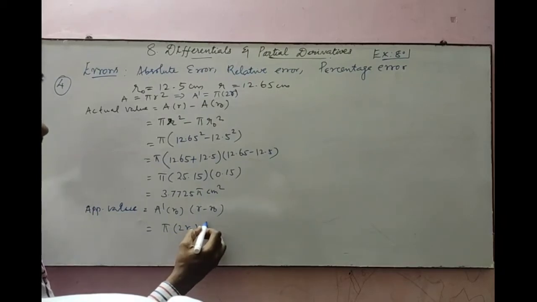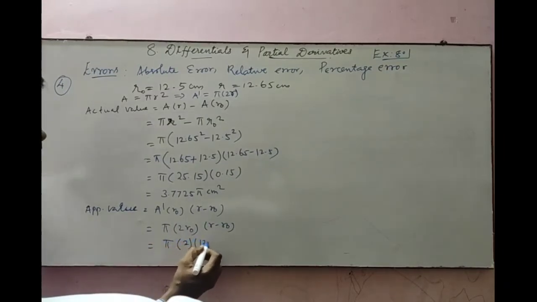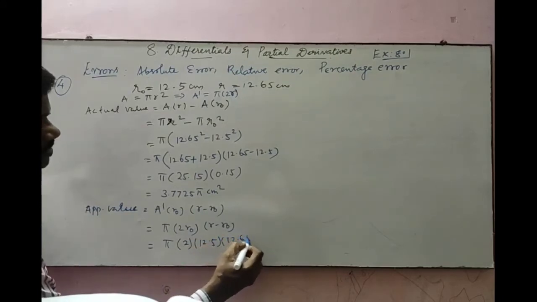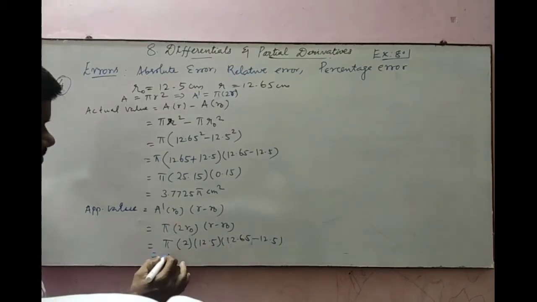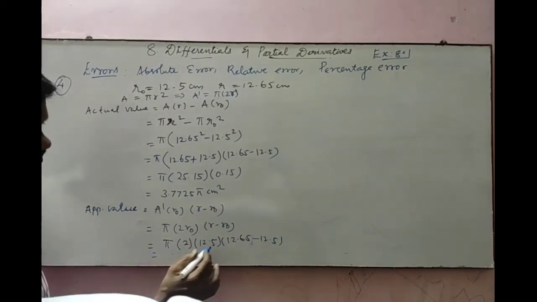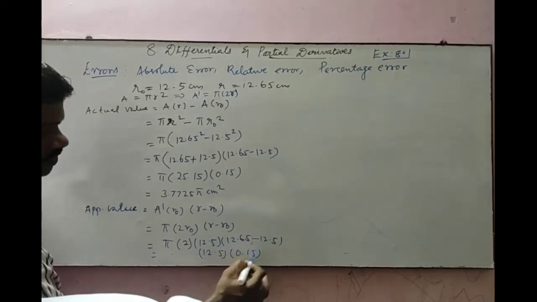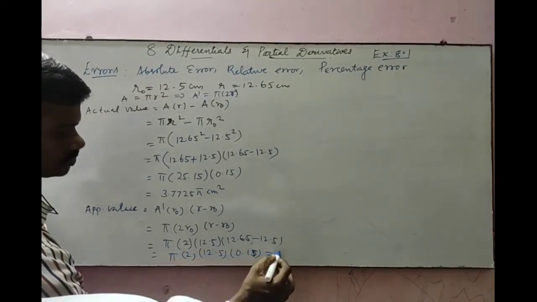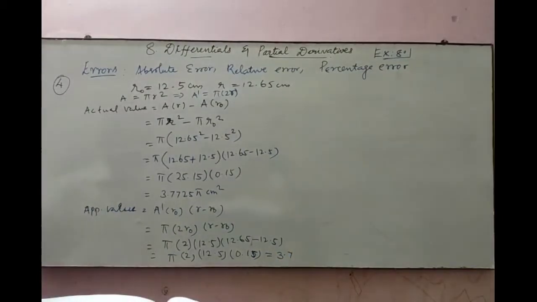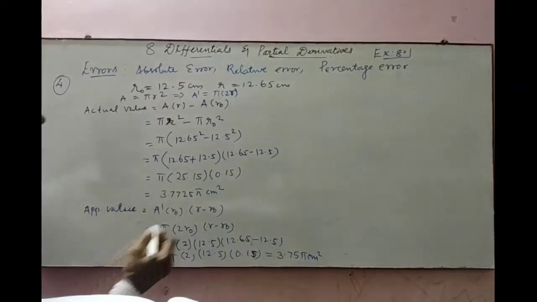Then R minus R0 is dR. So substitute the value of R0 as 2 into 12.5 into 12.65 minus 12.5. So you will get 12.5 into 0.15 into 2 into pi, which is equal to 3.75 pi centimeter square. So this is the approximate value.